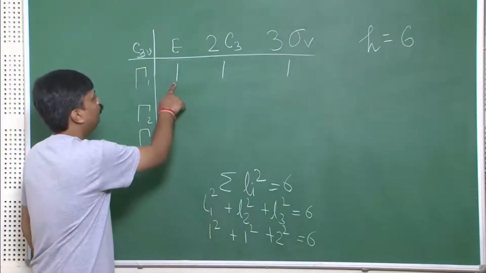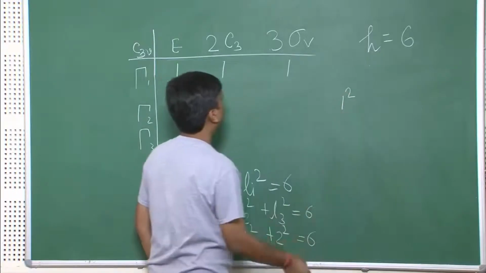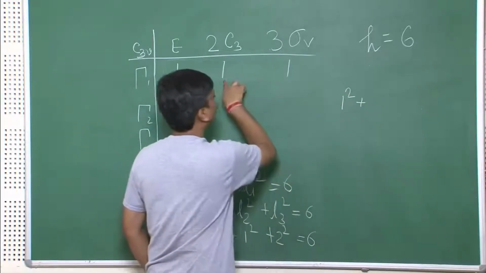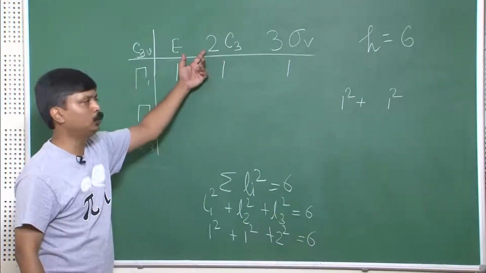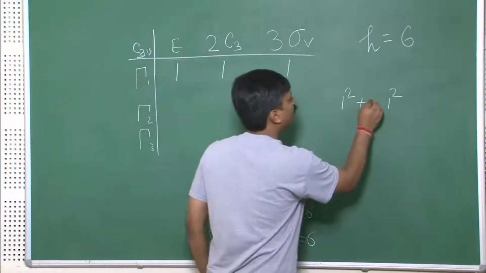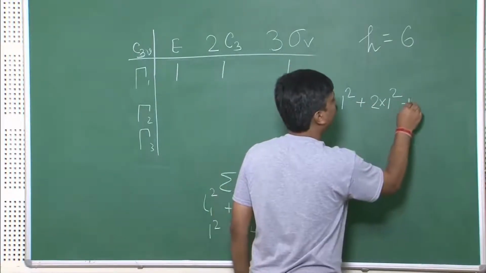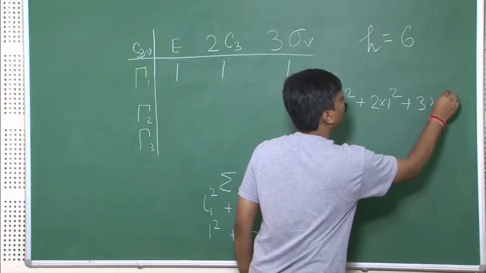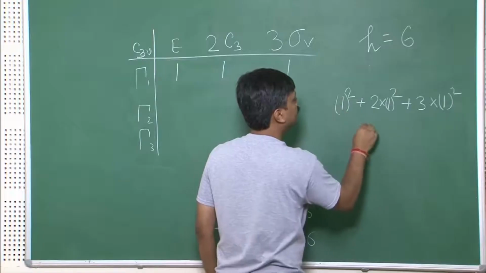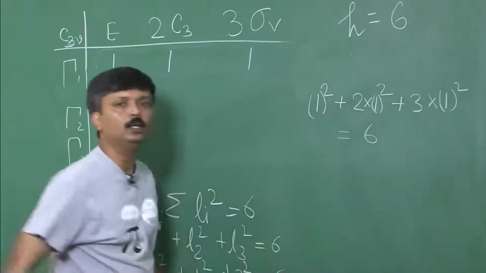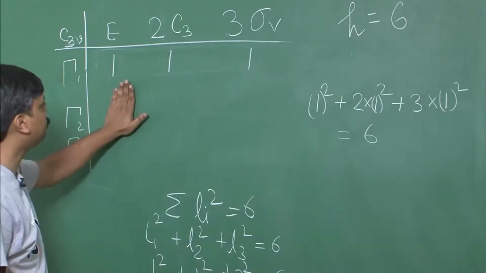So, here if we look at that, 1 square plus again 1 square, but I have to remember there are 2 operations here, that is why this 2 is written here. So I have 2 multiplied by 1 square, and similarly here I have 3 into 1 square, correct. So this is equal to 6. So we have verified that, and we can verify it for each one of these IRs.